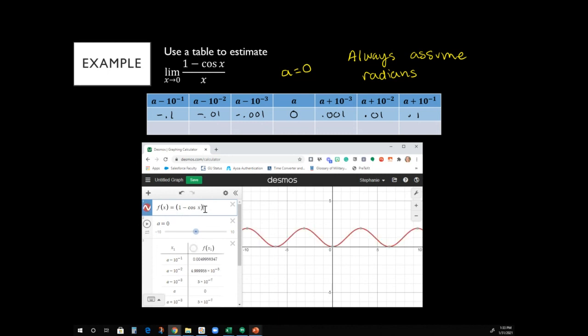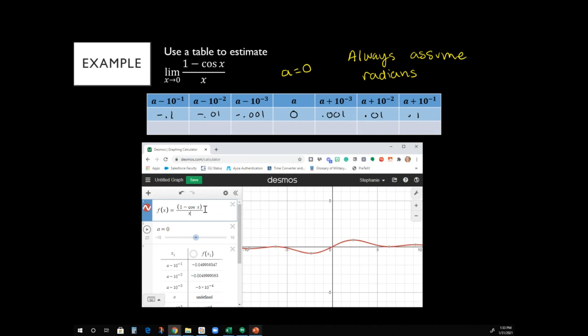Desmos knows cosine, sine, all of that kind of thing. So I can put in my function (1 minus cosine x) over x. We're still interested in what happens as x goes to 0.